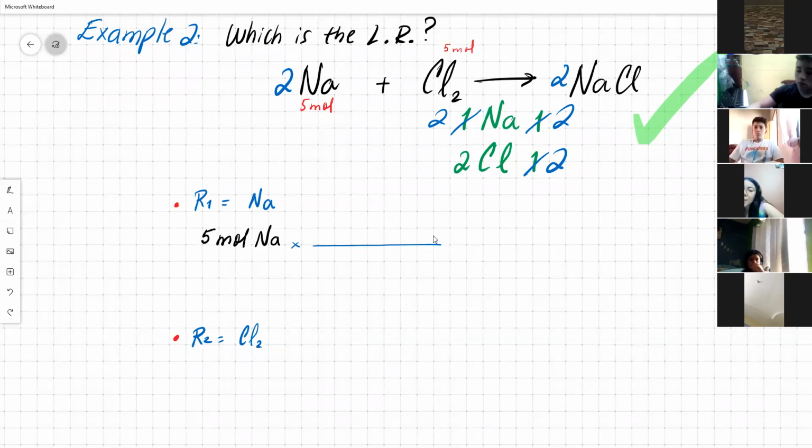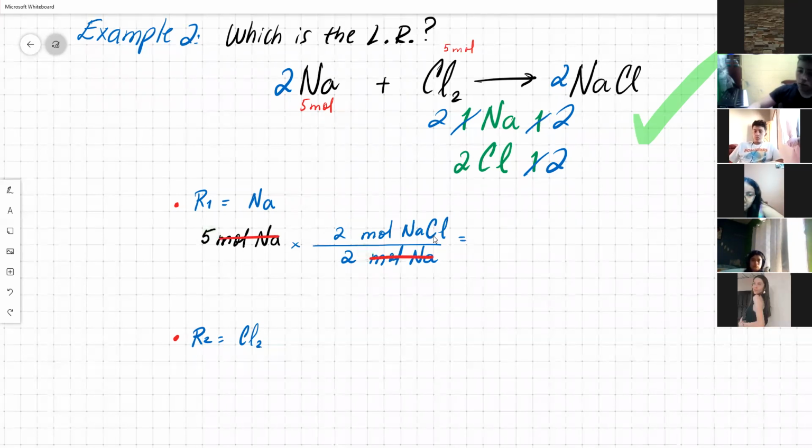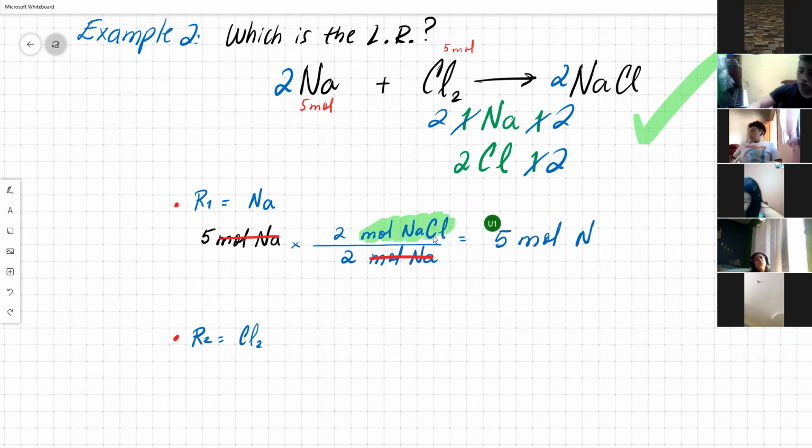Down. So how many moles of sodium do I have in the reaction? 2. And in the top, where am I going to write? The product. 2 moles of NaCl. So here you can cancel. What do you get as a product? 5 moles of NaCl.